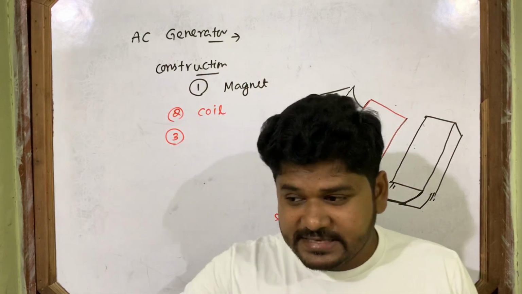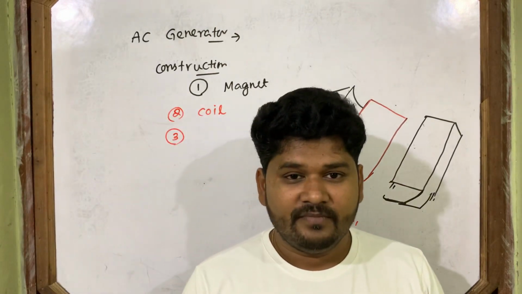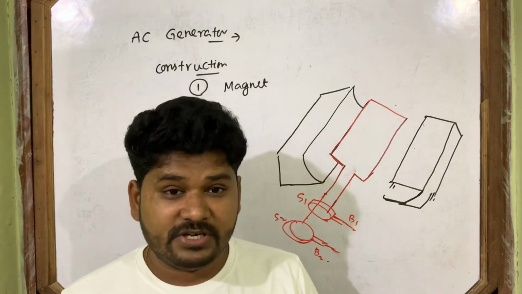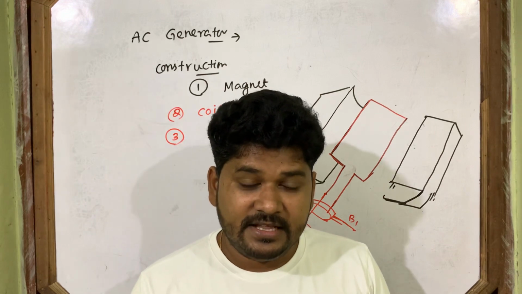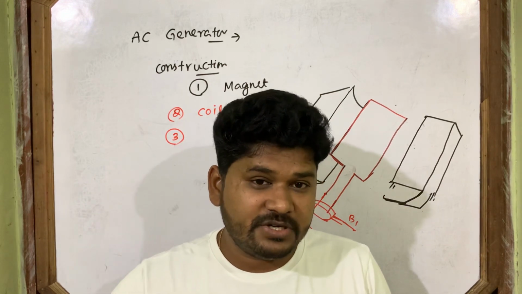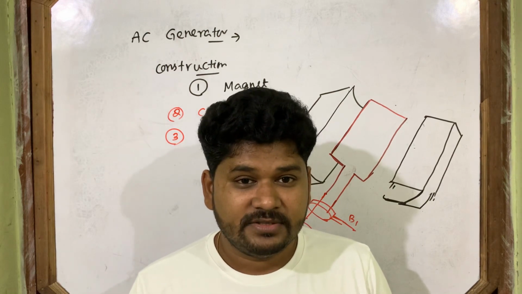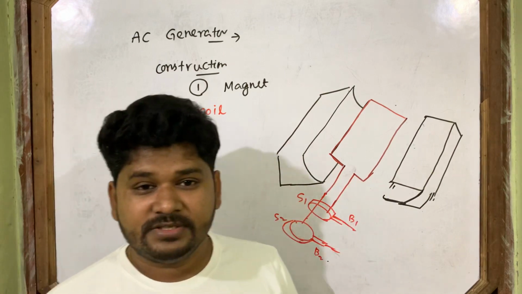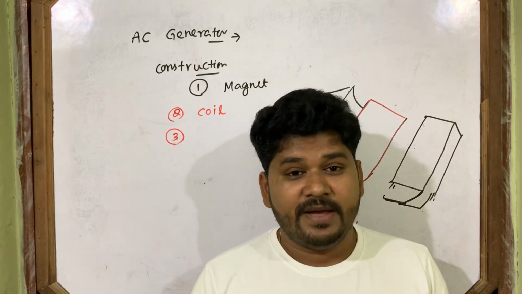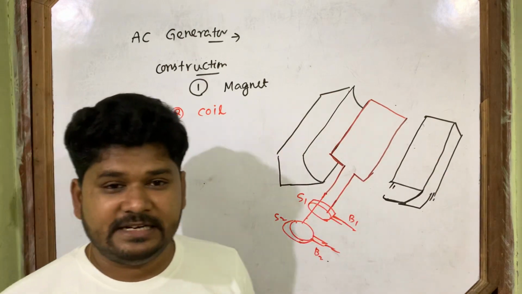And that fan's axis is connected to this armature coil's axis. When the fan rotates, the armature coil rotates. When the armature coil rotates, the flux changes, because theta changes. When the flux changes, EMF is induced. This is the function of this AC generator.